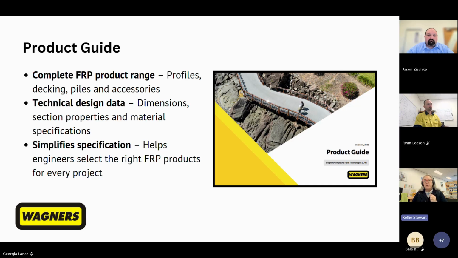In addition to product information, the guide contains key technical data such as dimensions, section properties, and material specs, making it easier to select the right solution for each application. Whether you're working on a civil, marine, or utility infrastructure project, the product guide is a valuable tool that helps improve efficiency and confidence during design and procurement.